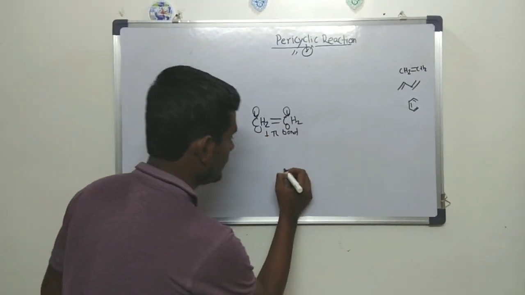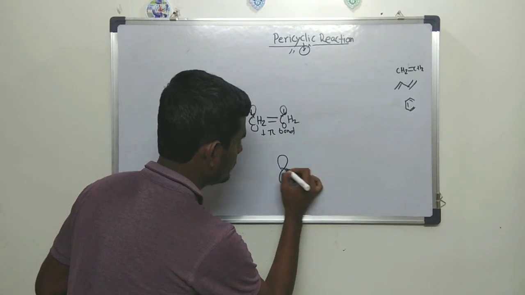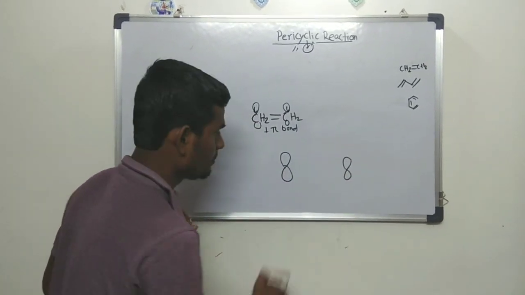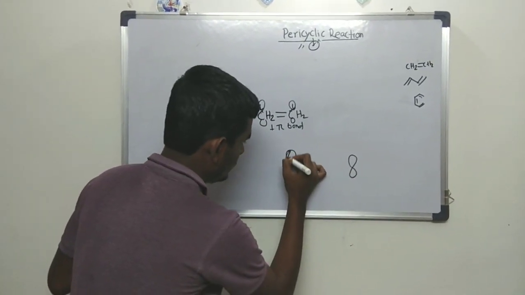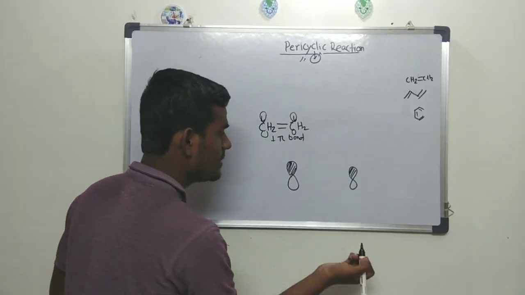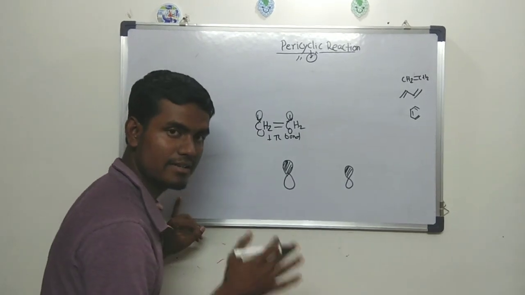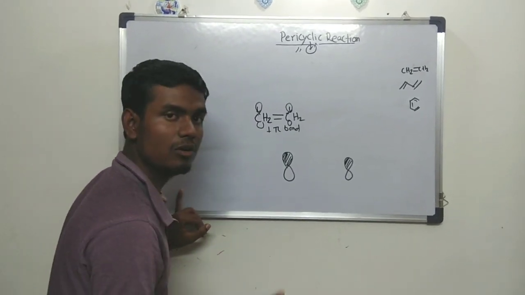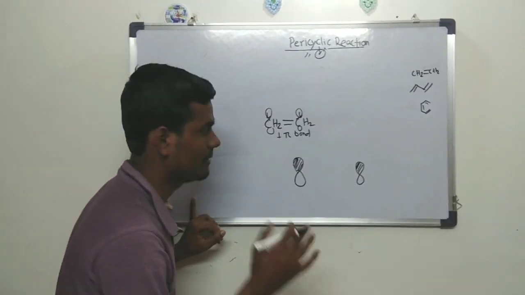Let's denote the symmetry phase. Sometimes you may see a plus or minus, but that doesn't mean there is a charge. It denotes the symmetry present in the molecular orbital.